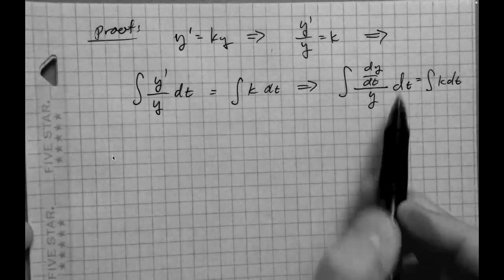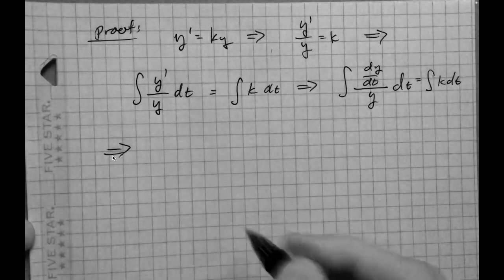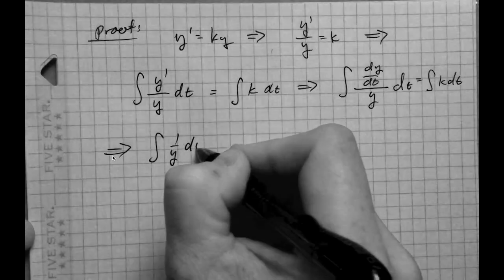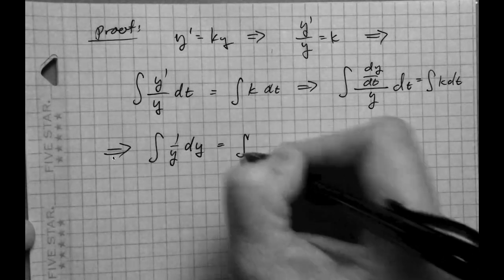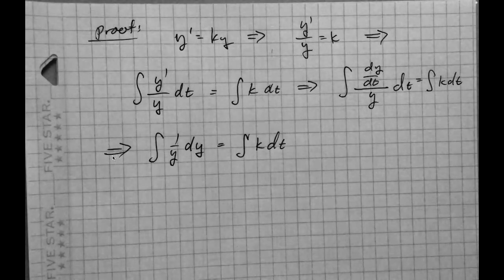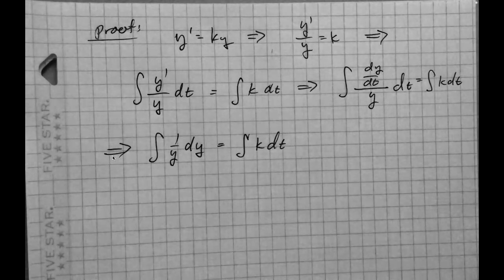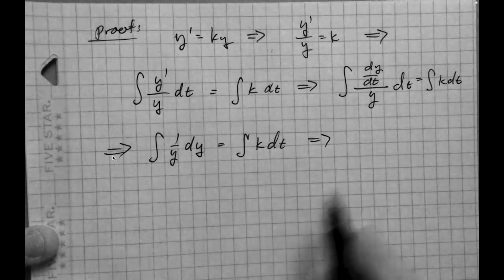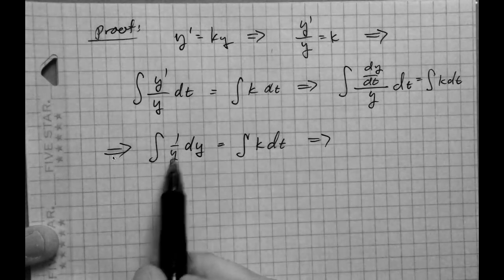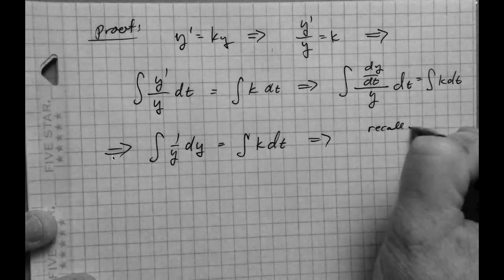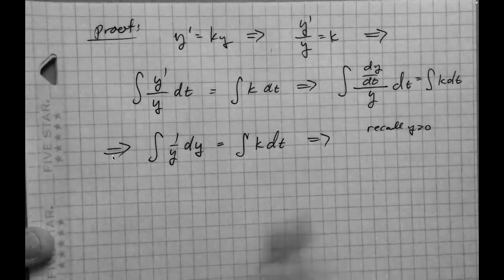And then, of course, the dt's will cancel, and you would get the integral of 1 over y dy equals the integral of k dt. All right, and then at this point we can integrate here. And remember, y is greater than 0, right? That's part of the theorem.